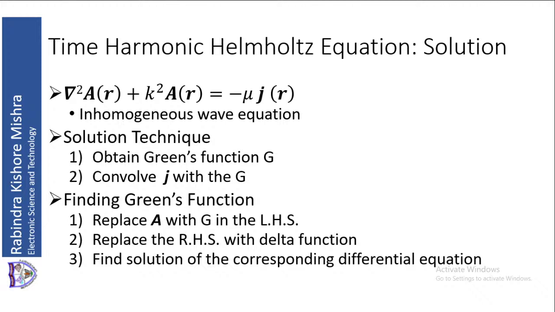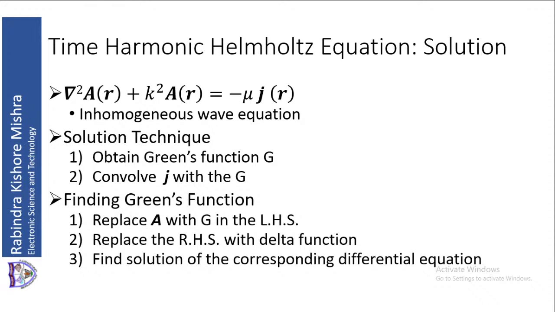So the right hand side is actually 0 everywhere except at the origin. So this inhomogeneous equation in the space is actually a homogeneous equation except at the source.